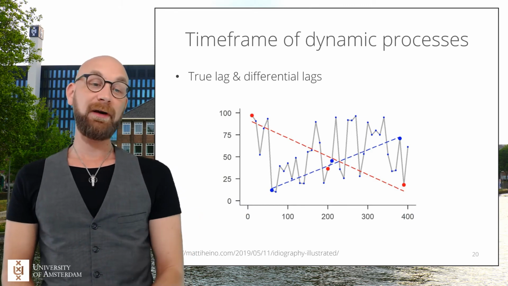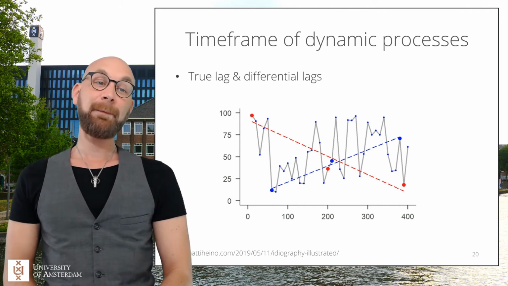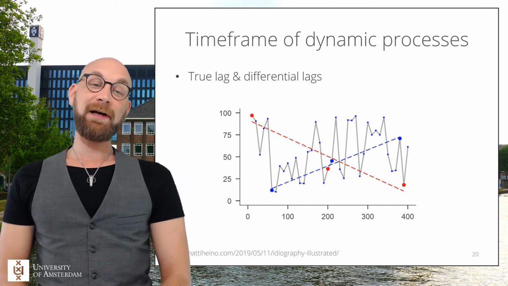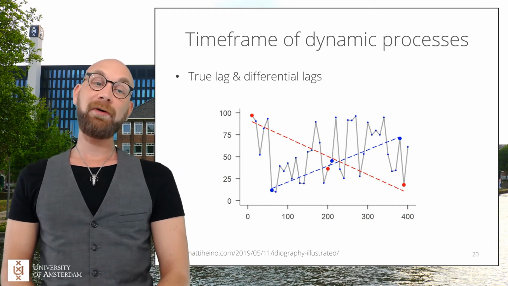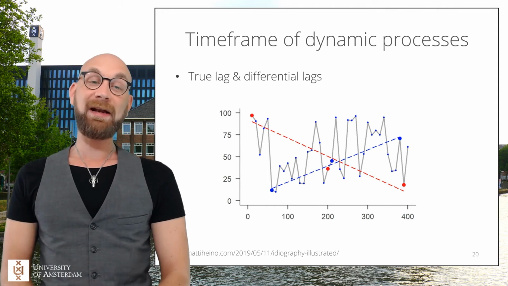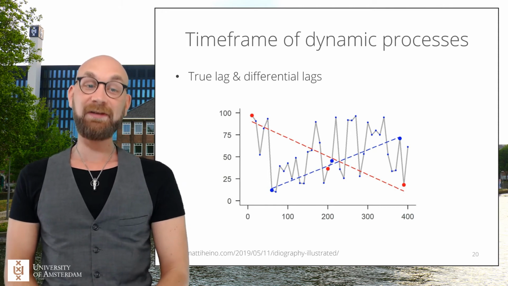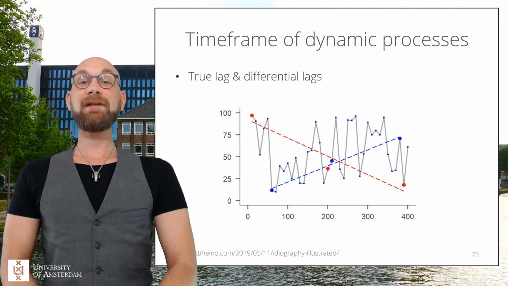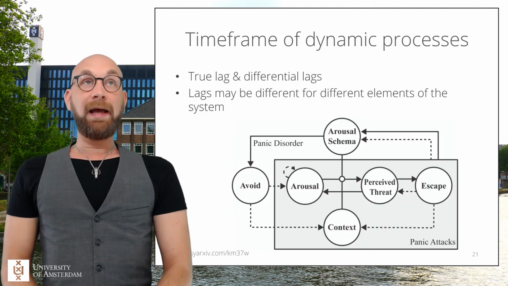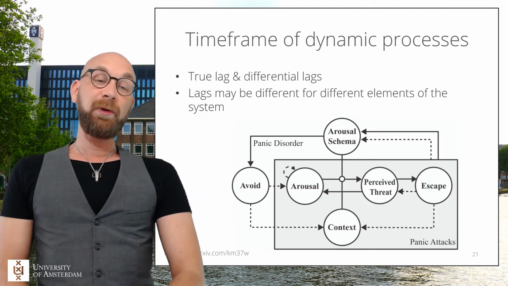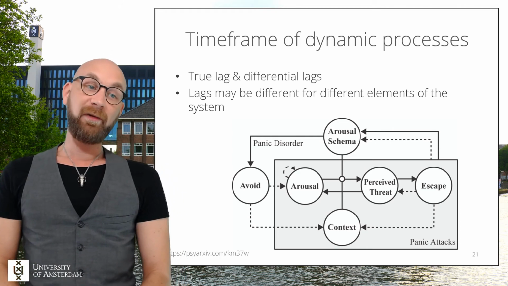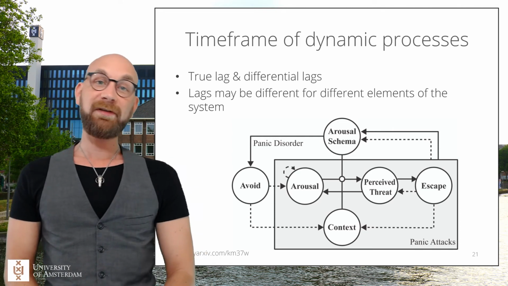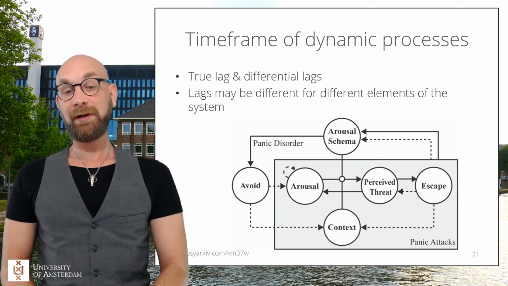And here's a nice graph by Matti, who shows that depending on the resolution of time points, you can get dramatically different information from the exact same data. And Don Robino and colleagues have been working on a formalized theory of panic disorder. I'm going to get into this in more detail later on in the presentation.